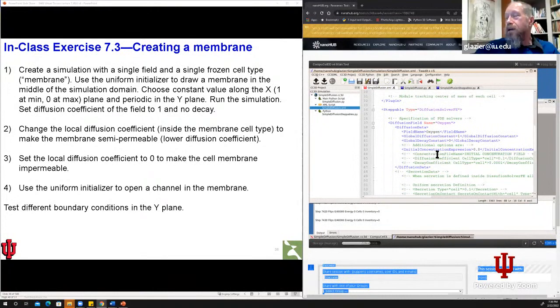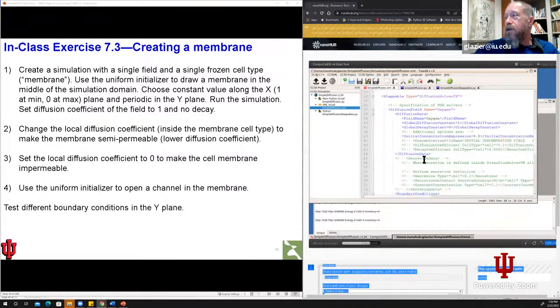And the last thing I would have to do to make this work is change the diffusion constant in my cell. I'm going to make the diffusion constant 0 to begin with.